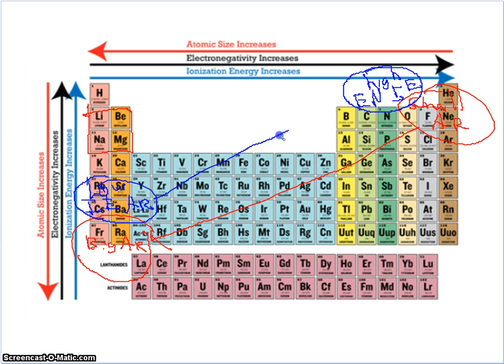They're going opposite ways. They just can't get along. So if we looked at this one again, the most electronegative atom we would predict to be beryllium, because it's the most to the top right.